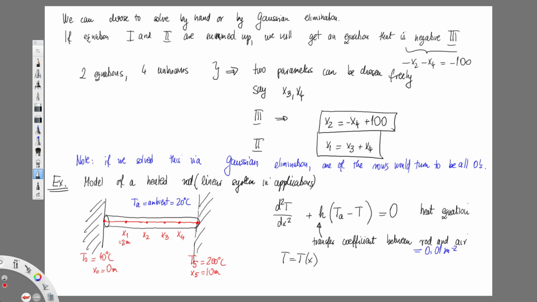So 2 meters, 4 meters, 6 meters, and 8 meters. And what I'm really looking for is temperatures T1, T2, T3, and T4.